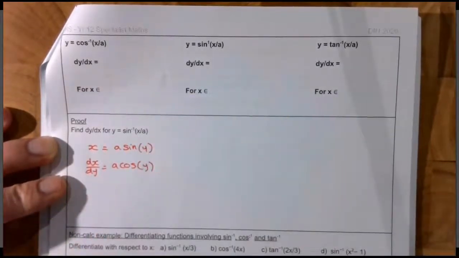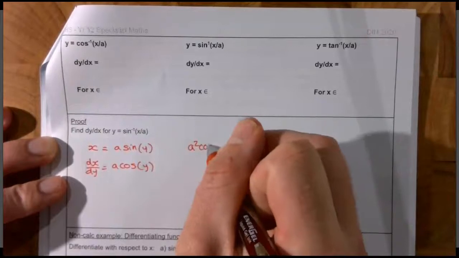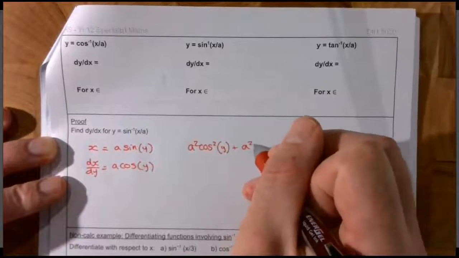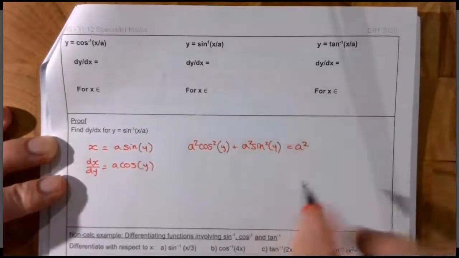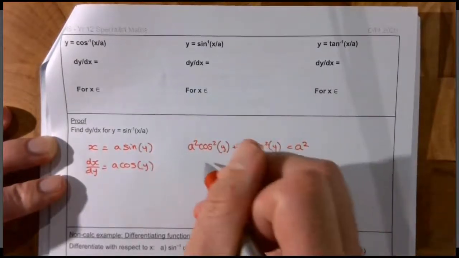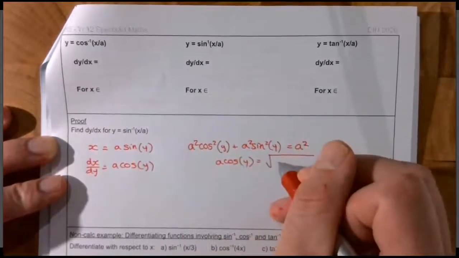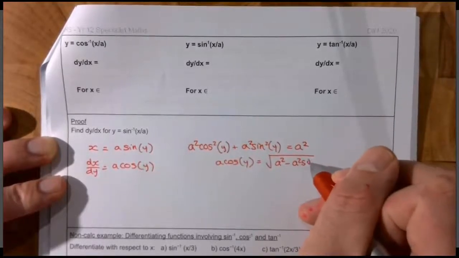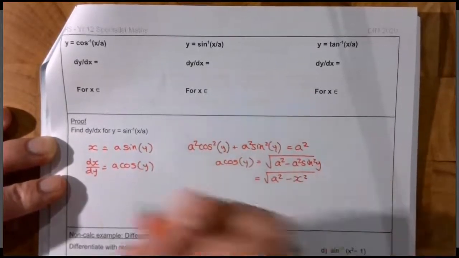And then a couple of different ways to do this, but what I think is easiest is for me to take my standard Pythagorean identity and multiply the whole thing through by a squared, telling me that a squared cos squared y plus a squared sine squared y equals a squared, which means that a cos y is the square root of a squared minus a squared sine squared y, or in other words, the square root of a squared minus x squared.